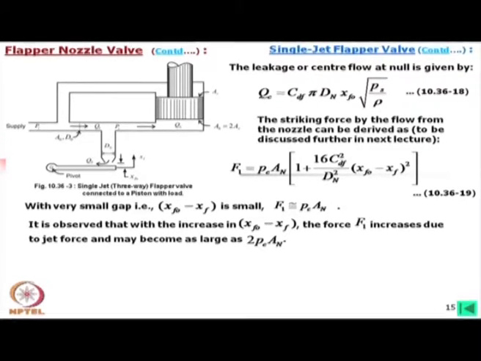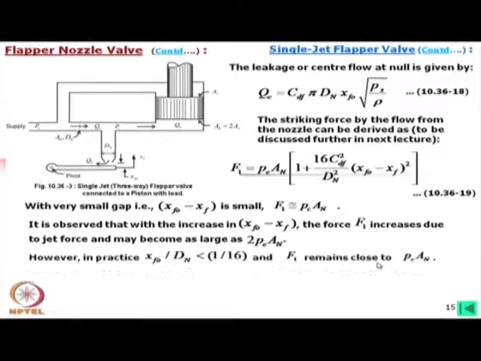Okay. So, torque motor is selected in such a way that there will be twice the torque from the minimum torque required to operate this valve. However, in practice that xf0 by dn, dn is the diameter here, is usually 1 by 16.